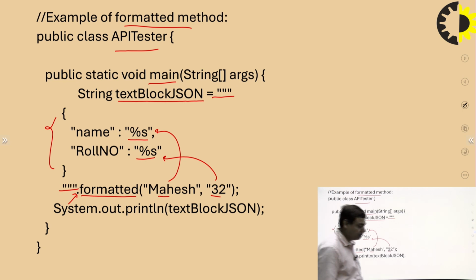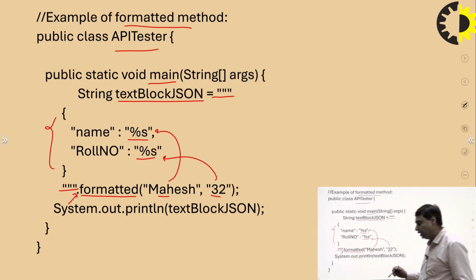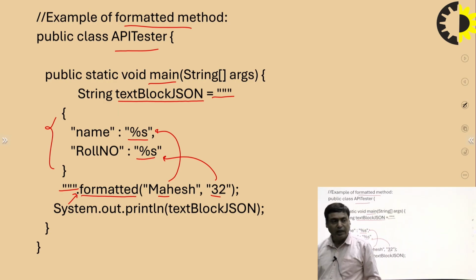Here you can see we can use the formatted method in a text block string, which is possible. So the important point is that a text block string is similar to a normal string, we can apply any type of methods, and formatted is a very special method. Here we can pass the value with the help of this formatted method.